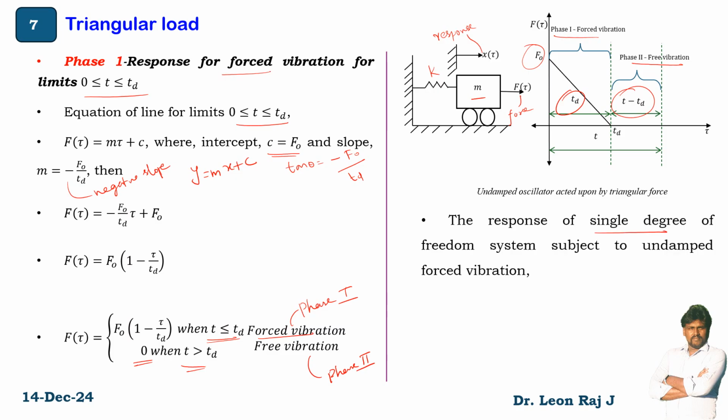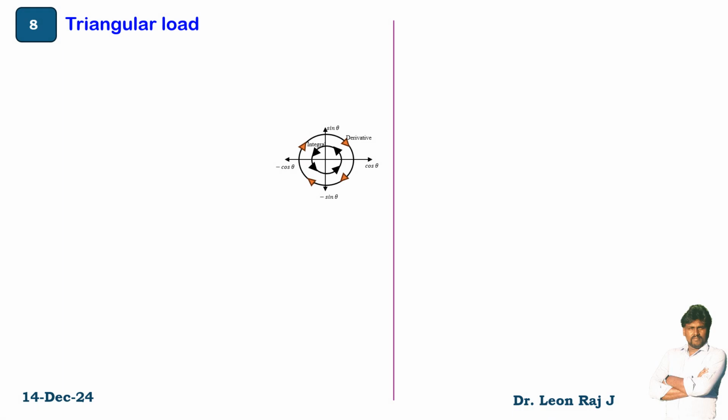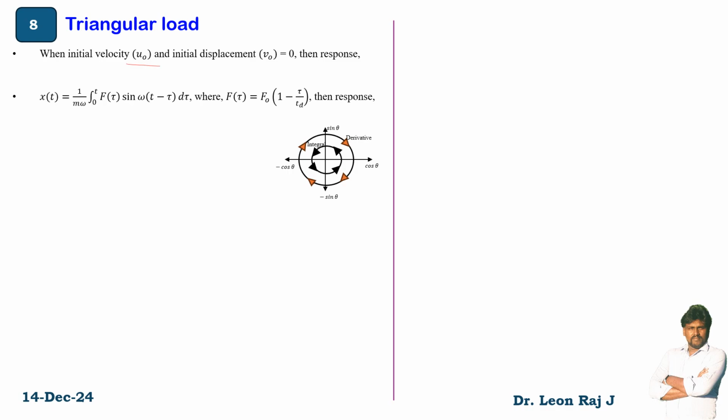The response of a single degree of freedom system subjected to undamped forced vibration is obtained using Duhamel's integral: x of t equal to u0 cos omega t plus v0 by omega sin omega t plus 1 by m omega integral 0 to t f of tau sin omega t minus tau d tau. When the initial velocity and initial displacement are equal to 0, the response shrinks to x of t equal to 1 by m omega integral 0 to t f of tau sin omega t minus tau d tau.